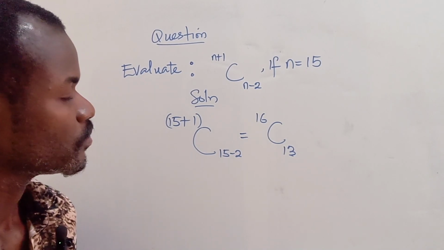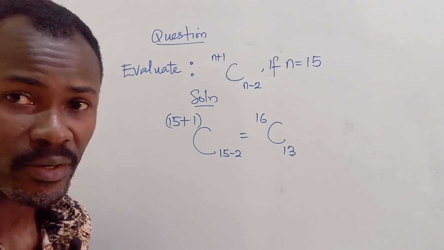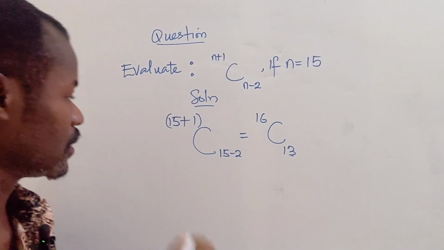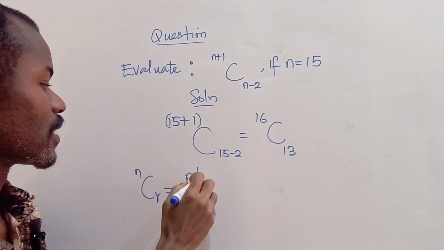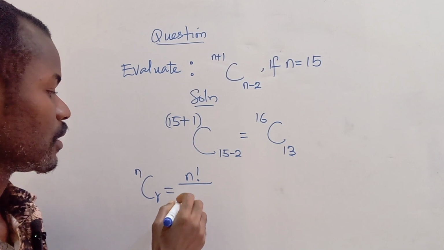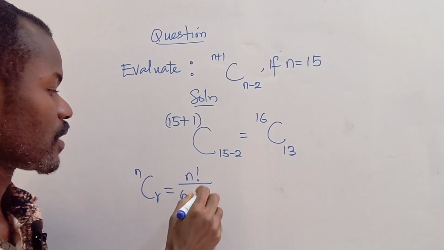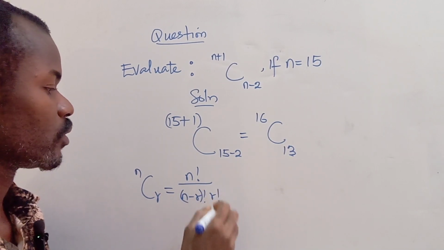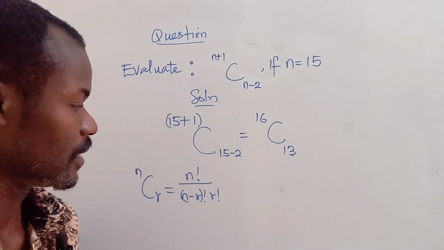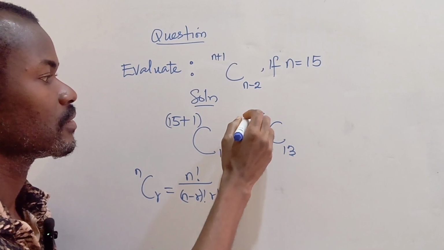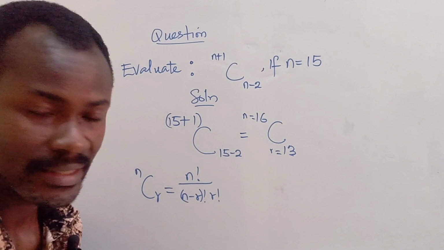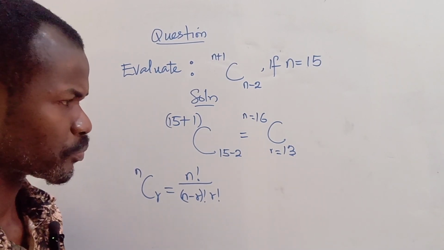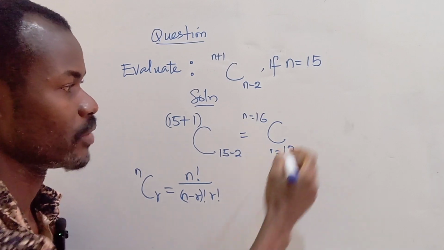All right, so we're now going to apply the formula for combination, which is n combination r equals n factorial divided by n minus r factorial times r factorial. In this case, our n is 16 and our r is 13.